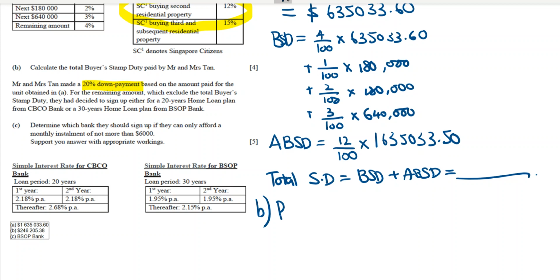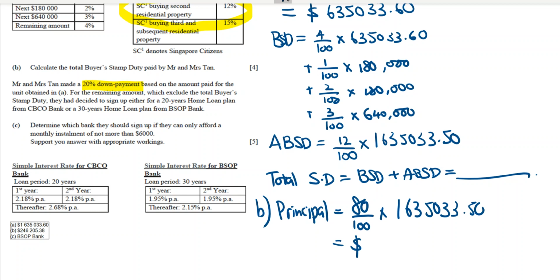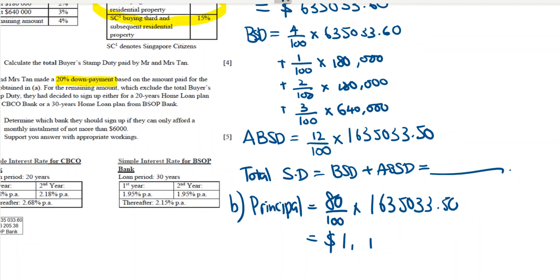So the principal is equals to 80% of 1635033.50, and that will come up to 1.3 million, 1308026.80. So this is the amount that I need to borrow from the bank.